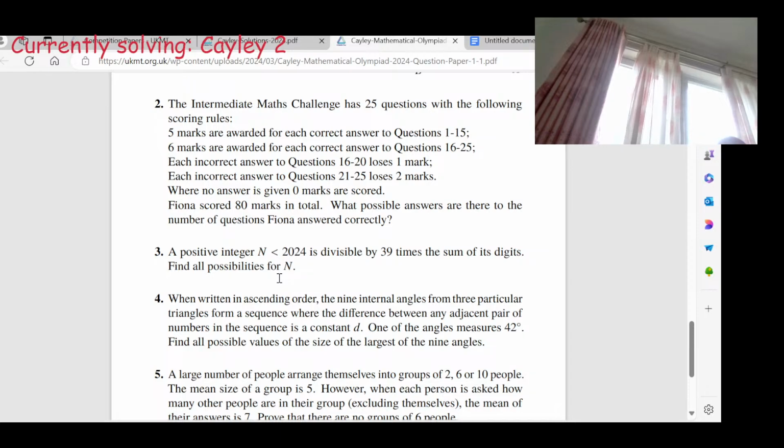Who made these stupid questions? My God. I don't think it can be 2-digit. We'll focus on 3-digit now.